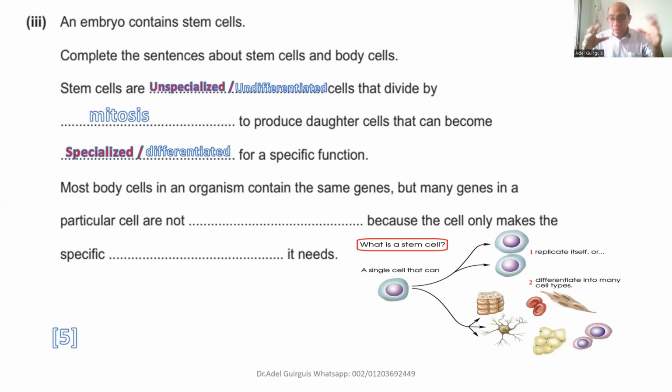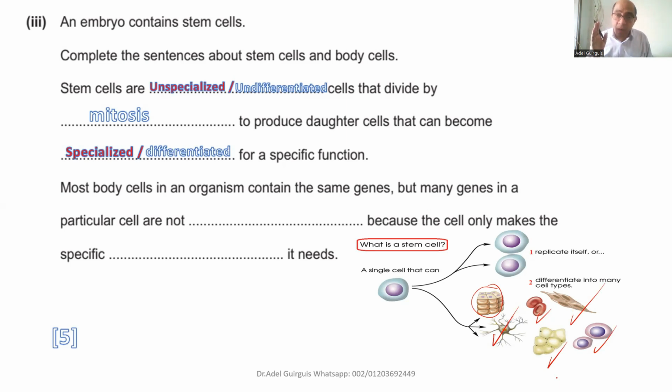Also, during replication, some of the resulting cells become stem cells again, and the others become differentiated into specific cells, like a neuron, epithelial tissue, red blood cells, fatty cells, white blood cells, muscle cells, and so on, differentiated into many cell types. This is the definition of stem cells.